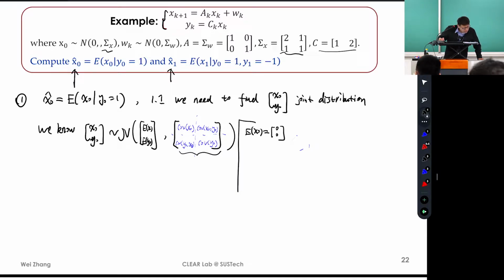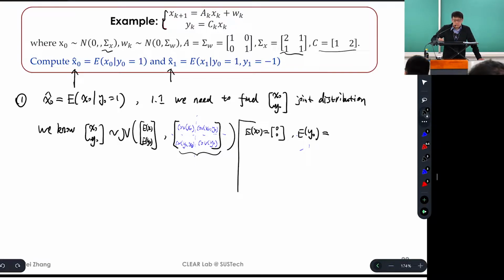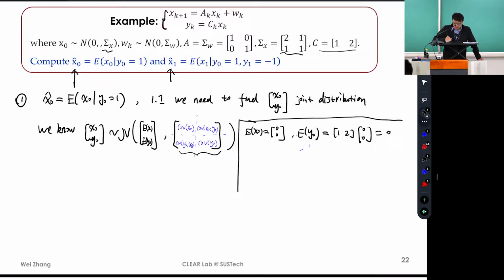And EY0 is C, which is 1, 2, times 0, 0, which is 0. It's a number, and the dimension has to be correct. Those two are simple to construct.